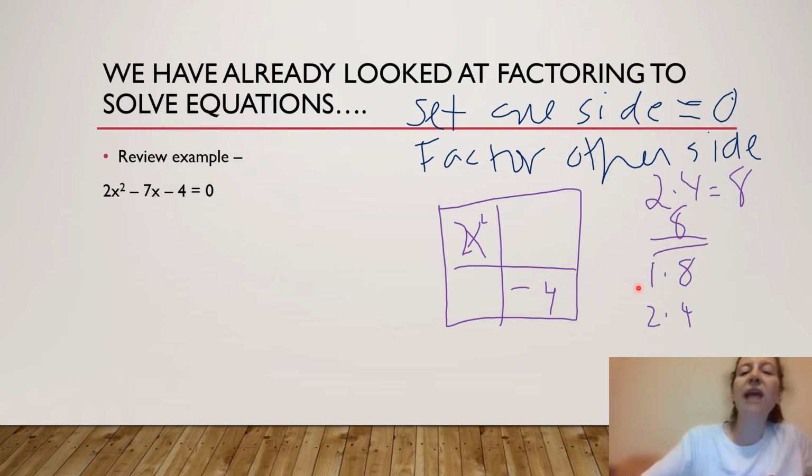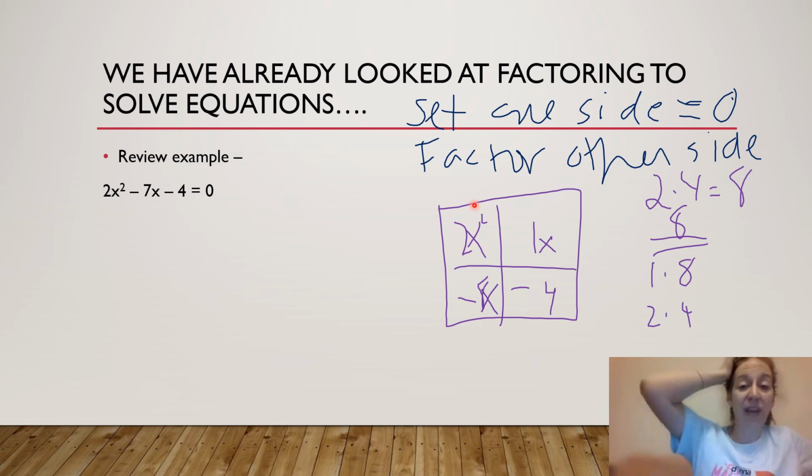But the 1 and the 8, I can get a 7 from that, and I can get a negative 7 if I use a positive 1 and a negative 8. And then those need to be my x's, okay? And then I like to look for the easiest common factor that I can find, and the easiest common factor I can find, at least this way, is right here. Try to avoid the negatives if I can.